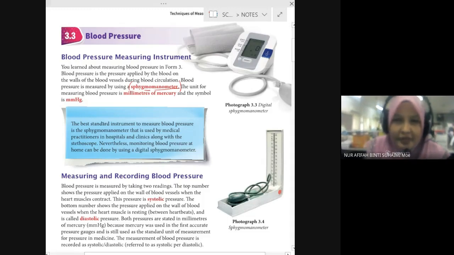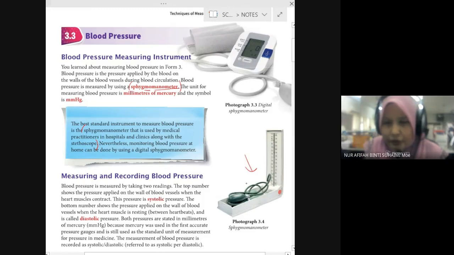The best standard instrument, the best tool to measure blood pressure, is the sphygmomanometer, used along with the stethoscope.